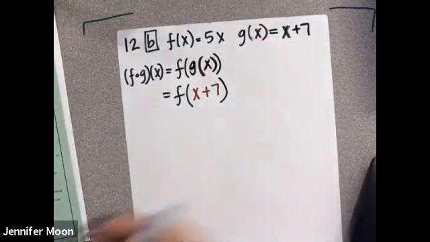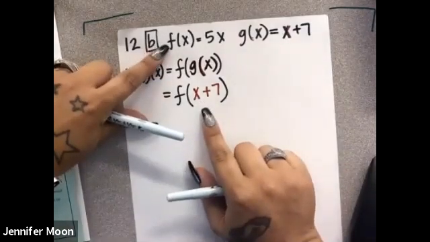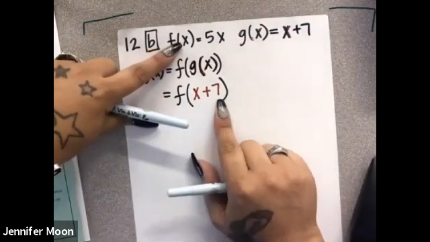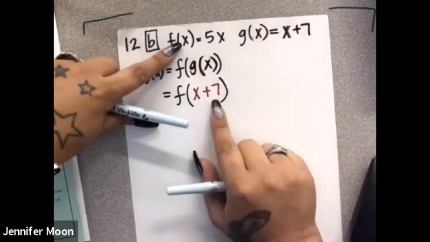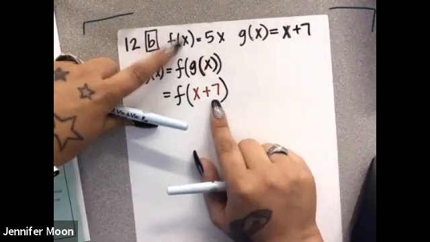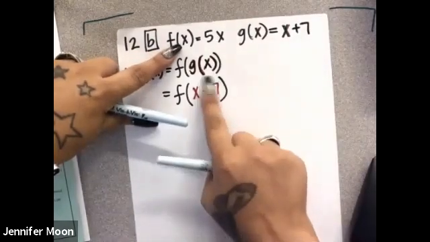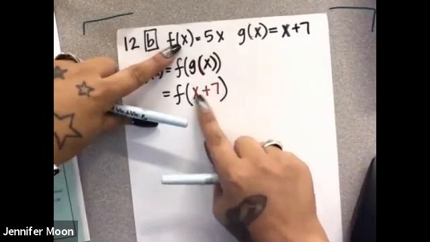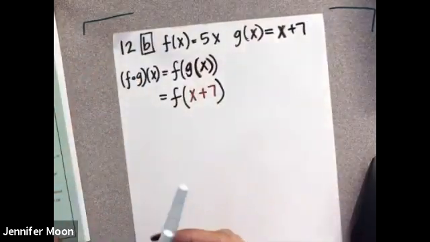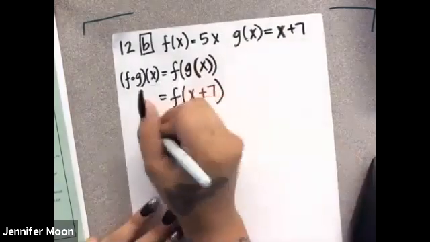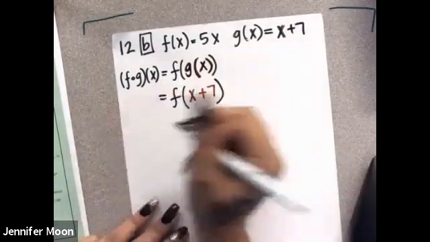This is literally the exact same notation, f of x plus 7. The only difference is I'm adding a 7 here. Instead of seeing a normal plain x in my function, it's going to change to this binomial, these two terms.